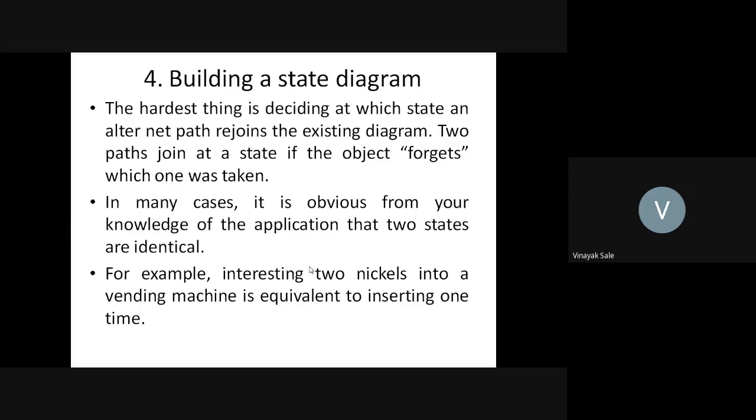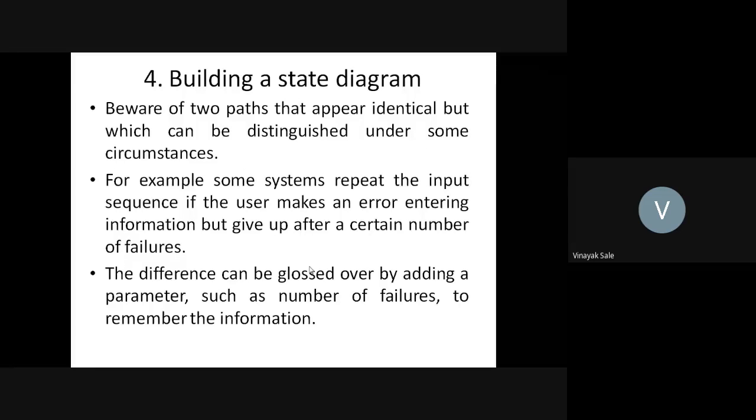For example, inserting two nickels into a vending machine is equivalent to inserting one dime. So beware of two paths that appear identical but which can be distinguished under some circumstances.